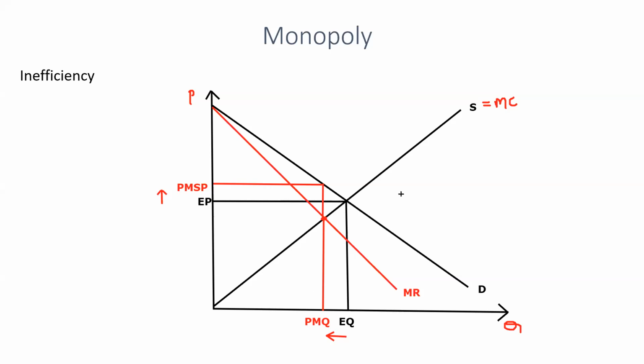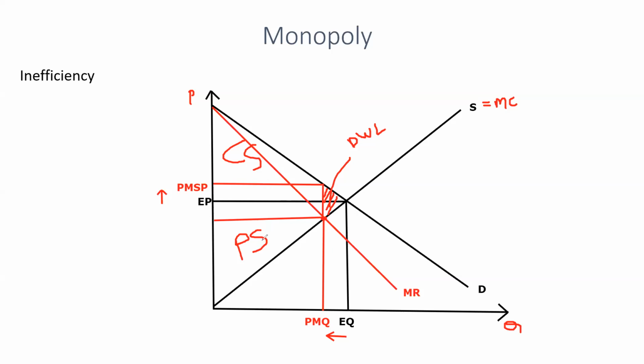We also, as a result of this problem, see that our consumer surplus decreases, our producer surplus decreases, and guess what? We end up with a dead weight loss. So in conclusion, if you have a monopoly, prices will be higher, quantity will be lesser, there will be a loss to consumer surplus and producer surplus.